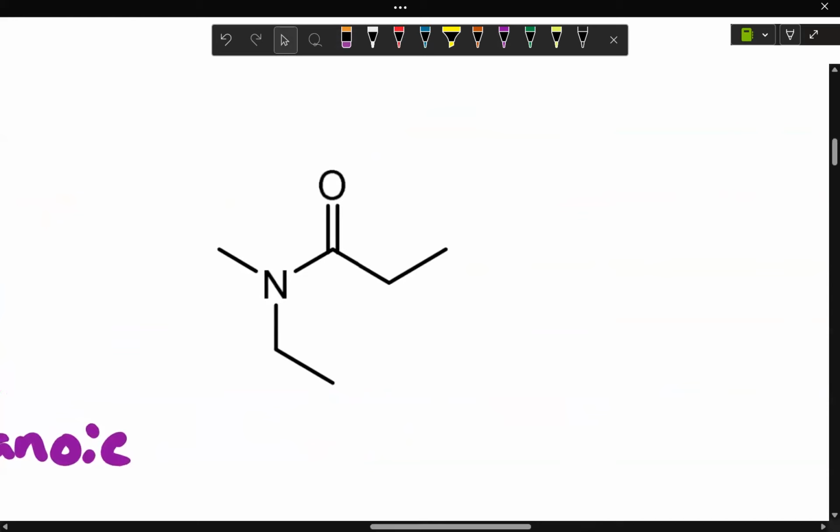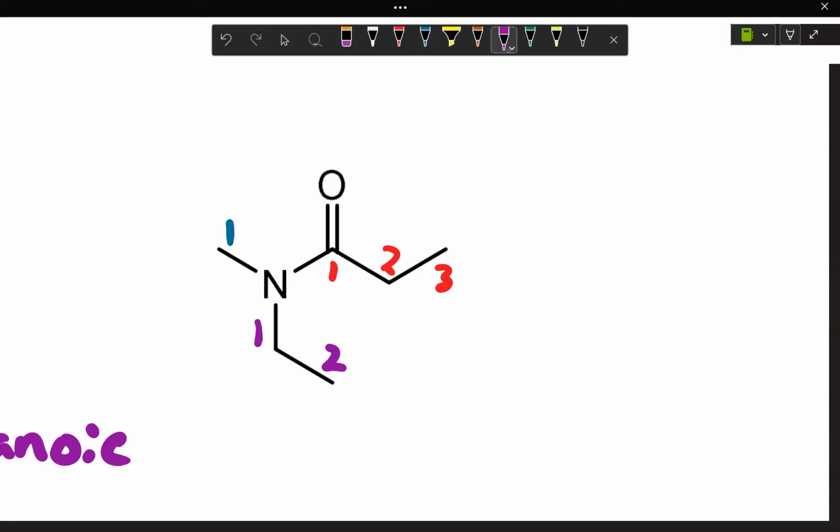All right, let's name the amide. Remember, always start numbering at the carboxylic acid derivative. So 1, 2, 3. And then we're also going to number the substituents coming off of the amide separately.